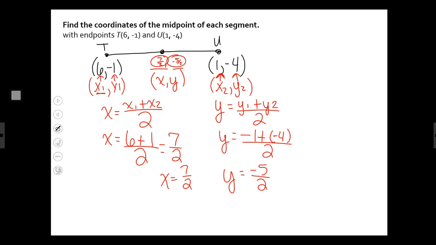So my coordinates are x is 7 over 2, or of course 3.5, and y is negative 5 over 2. So if I plotted 3.5 and negative 2.5, that would be the midpoint. Hopefully you guys understand how to find the midpoint.